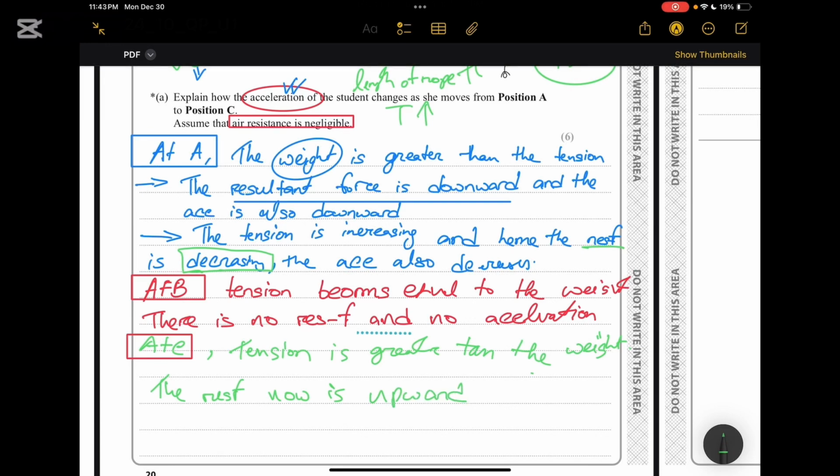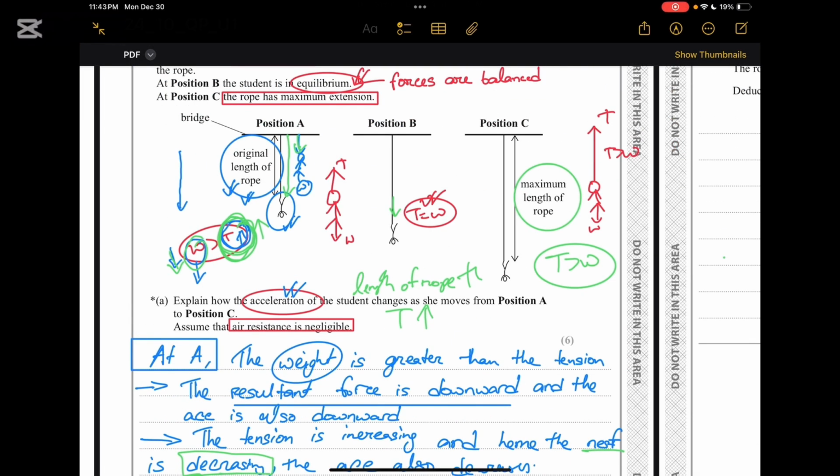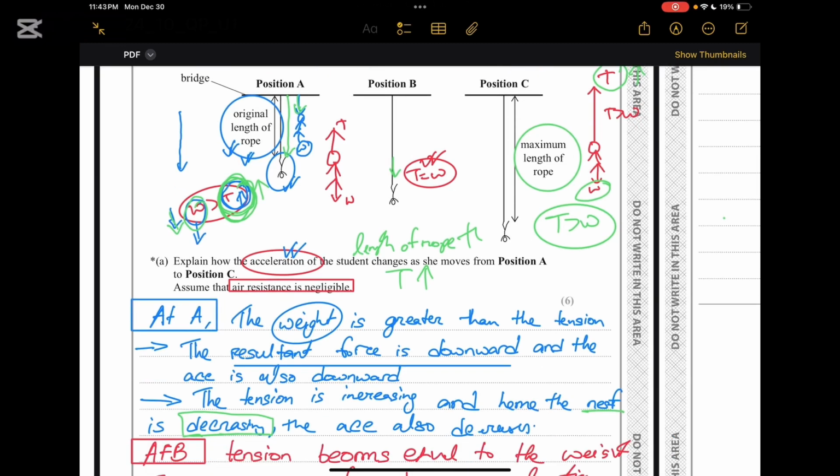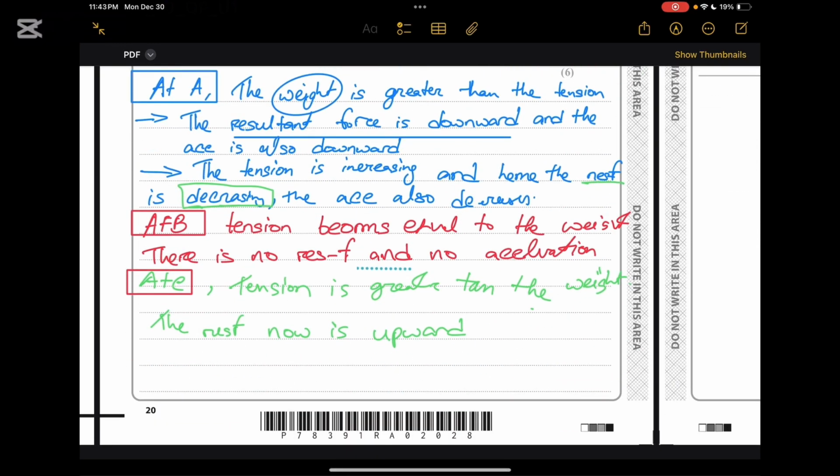Why is the resultant force upward? Because tension is the upward force, and as it is greater, the resultant force will be upward. The downward force is smaller. The resultant force is now upward, and hence the skydiver decelerates.